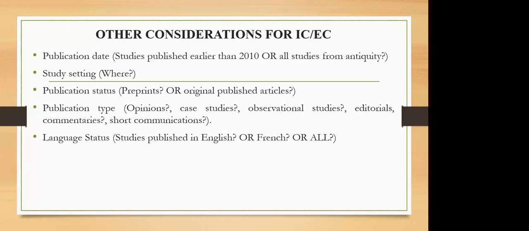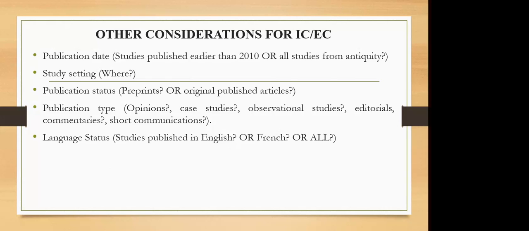You might say, I want studies that are published only in 2022, that they will be in my inclusion criteria. Or studies that are published in 2022, but in January to February will be excluded. Or I'm interested in studies that are published from 2000 to 2020 or 2023.